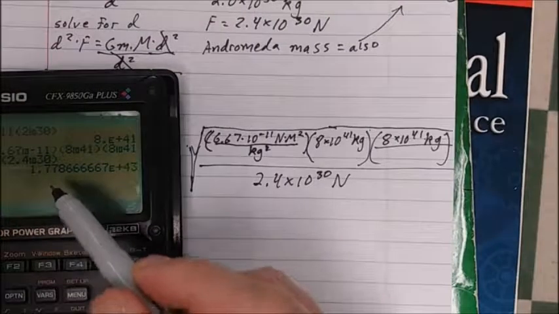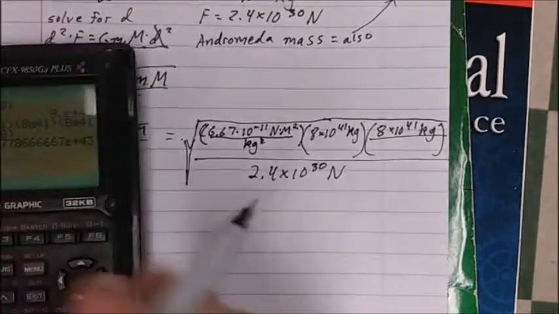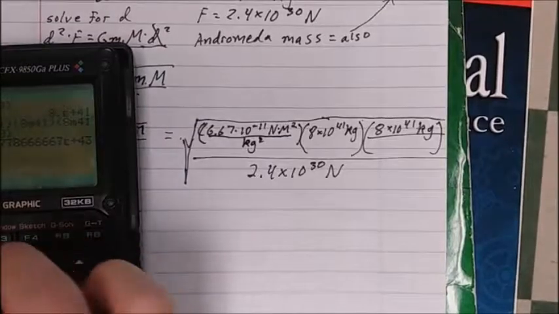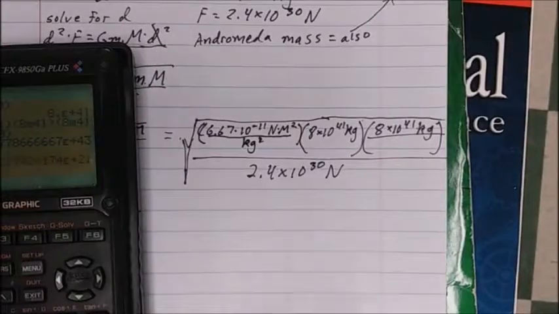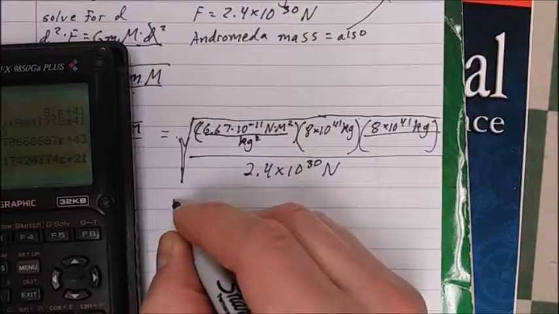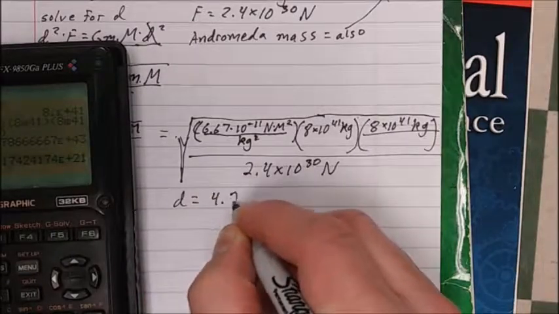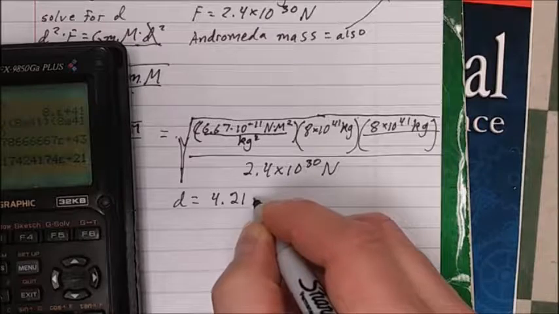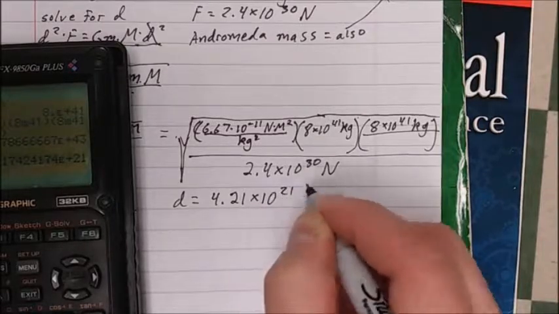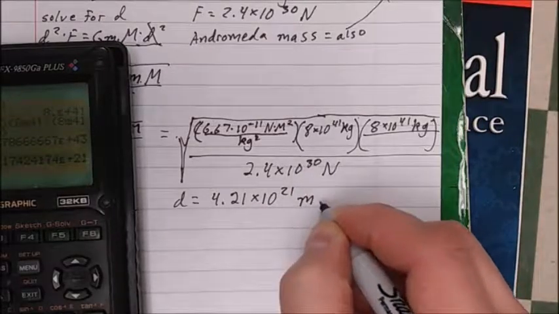I'm getting 1.78 times 10 to the 43rd. Take the square root of the answer there, and I'm getting the distance equals 4.21 times 10 to the 21st meters.